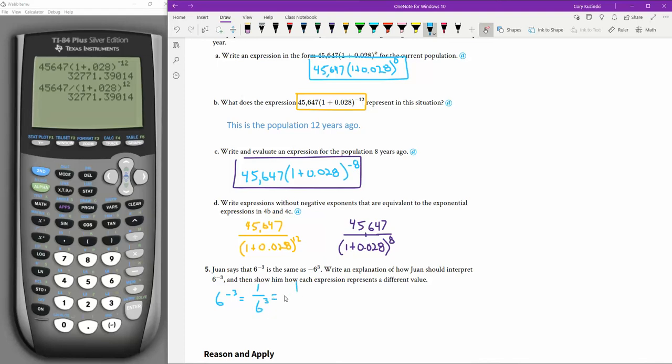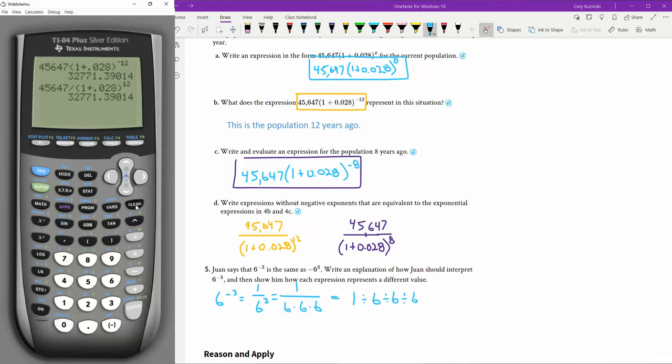So it's like 1 over 6 times 6 times 6. Or maybe even it's 1 divided by 6 divided by 6 divided by 6. And let's show them on the calculator too. 6 to the power of negative 3 is the same as 1 divided by 6 divided by 6 divided by 6.